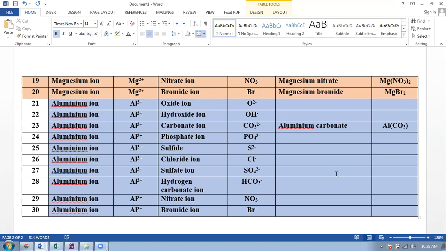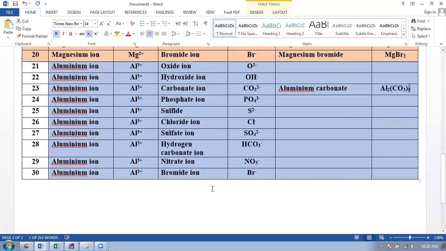Now carbonate ion has charge of 2 minus and aluminum has 3 plus. So 2 of carbonate would be here and 3 of aluminum would be here. All right. So remaining, you just do the practice by yourself.